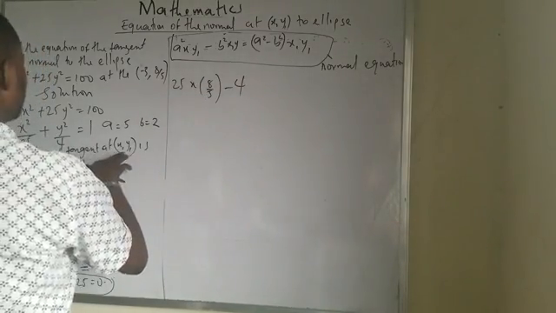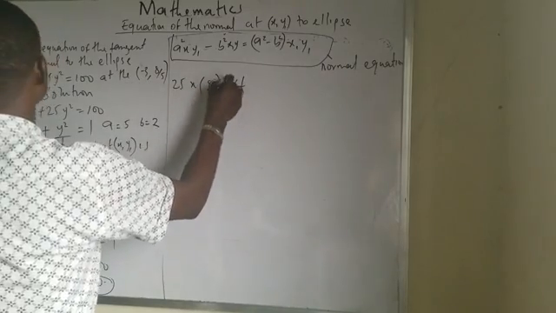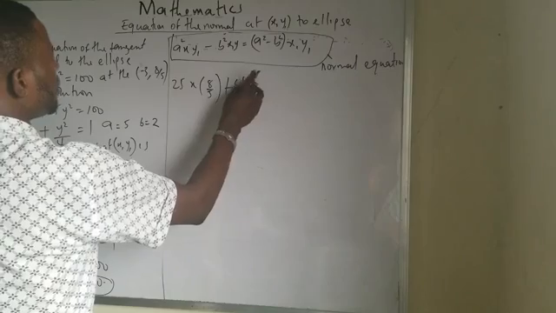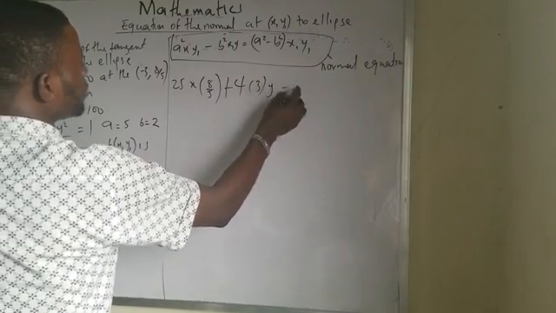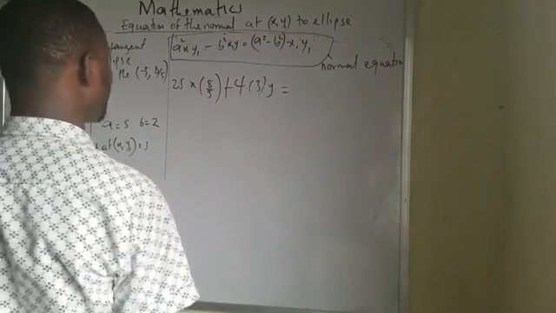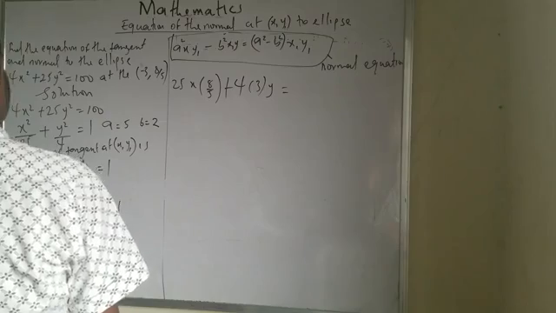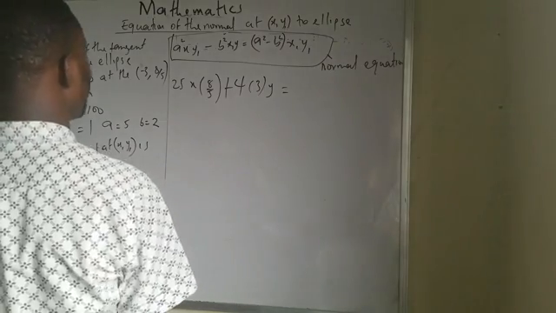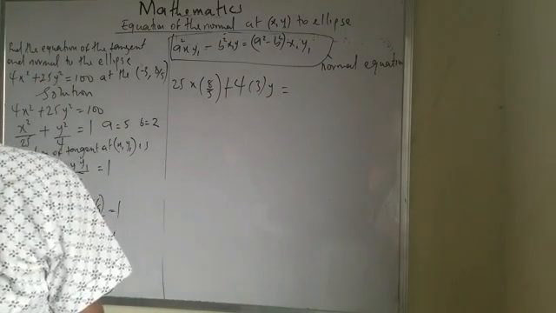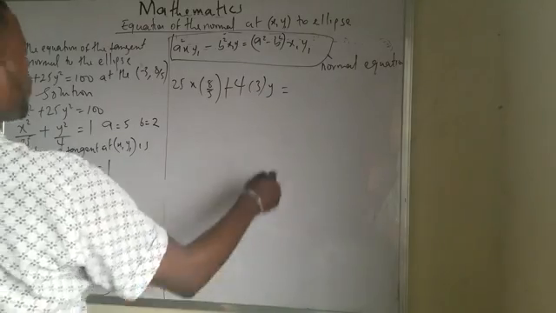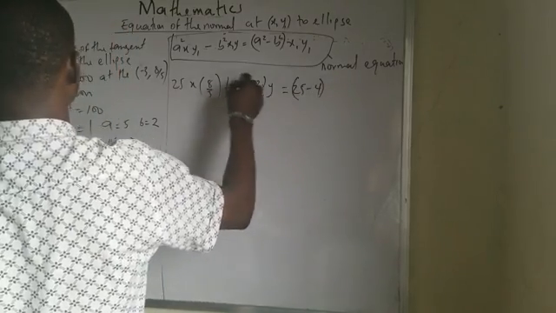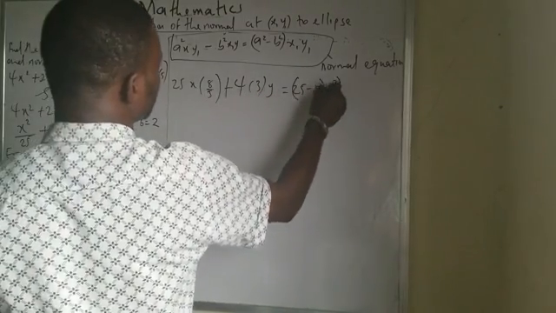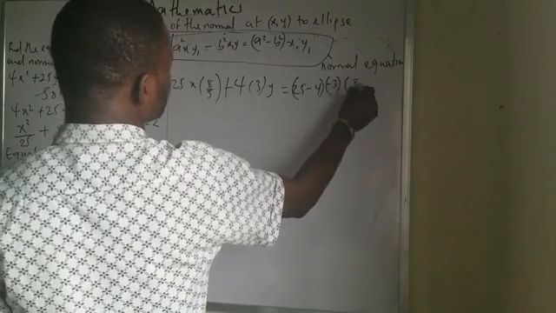My x is minus 3, which is going to be plus 3, and y equals, what is my a? 25, which is going to be 25 minus 4, times minus 3, times 8 over 5.